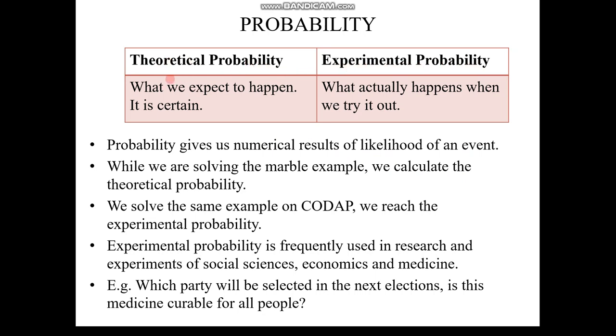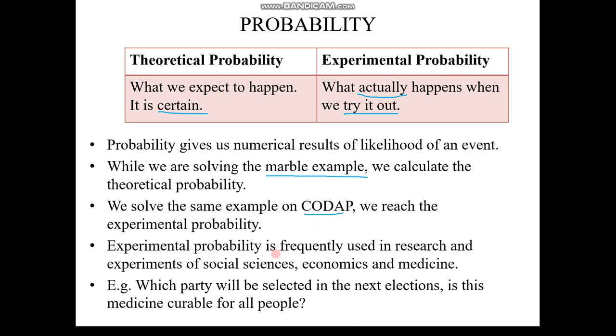Theoretical probability is what we expect to happen, and it is certain, as we did while solving the marble example in the PowerPoint slide. On the other hand, experimental probability is what actually happens when we try it out, as we did on CODAP. We reached the experimental probability there.